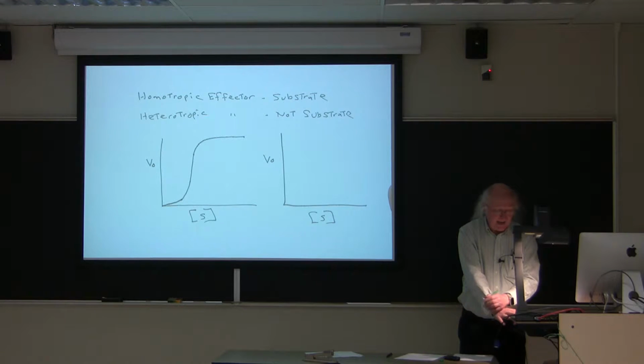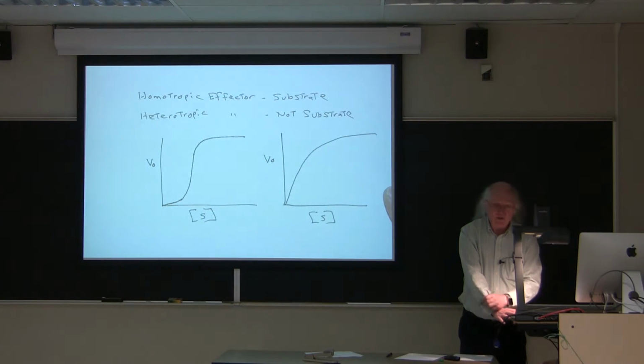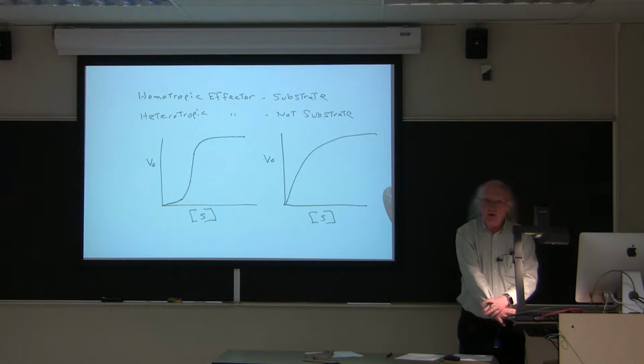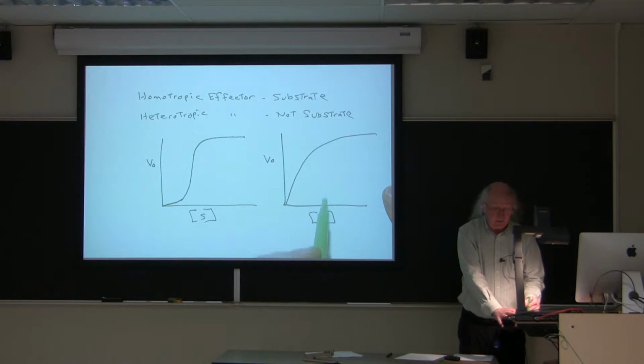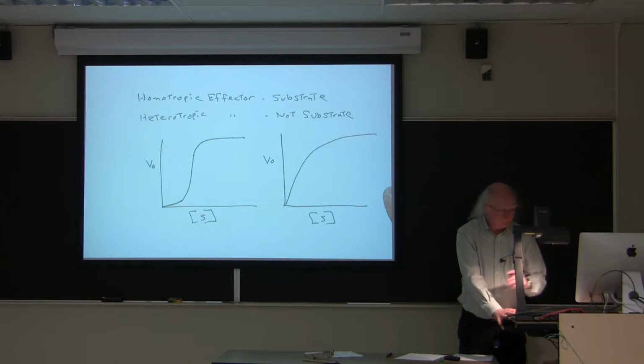So an enzyme that simply has a heterotropic effector will exhibit kinetics very much like what we saw for the binding of oxygen by myoglobin. That is, there's no flipping of the enzyme or no changing of the enzyme structure during the given concentration that the heterotropic effector has to begin with. So the only variable, which is the substrate concentration, is not affecting the enzyme's activity, and has only the effect that we see of the normal V versus S hyperbolic plot.